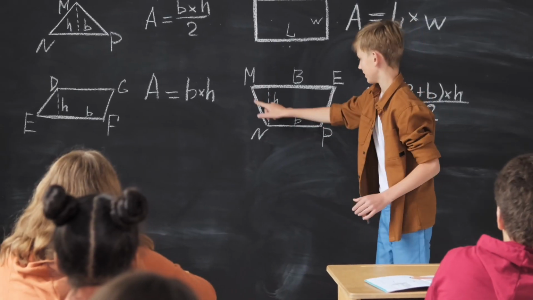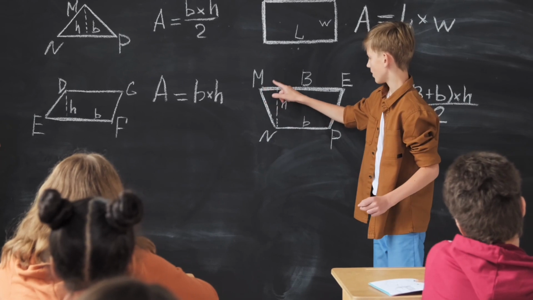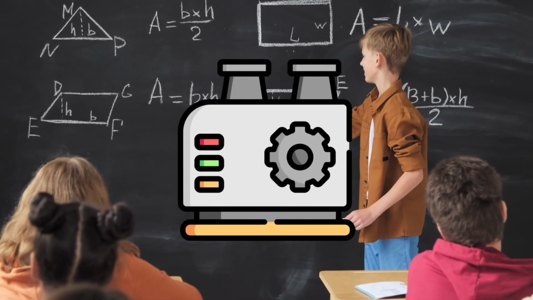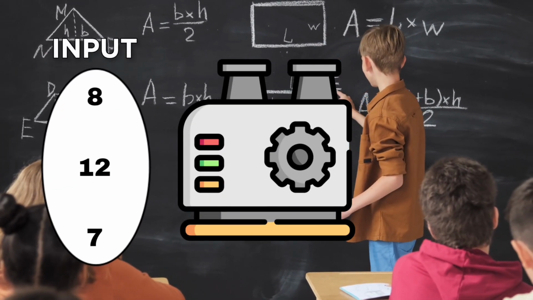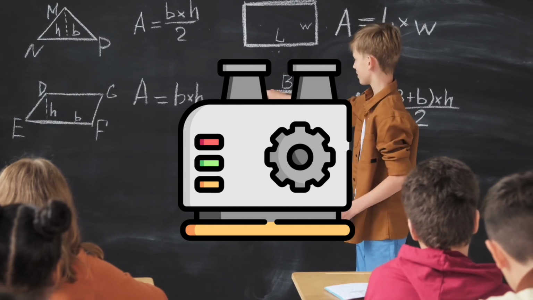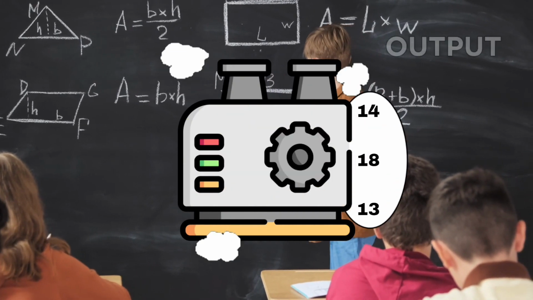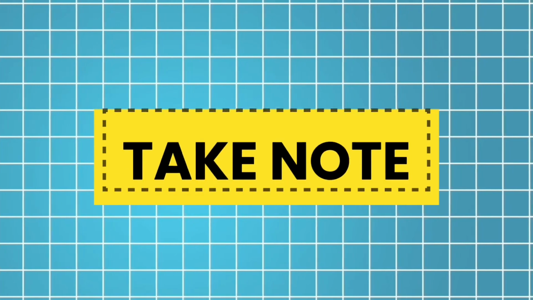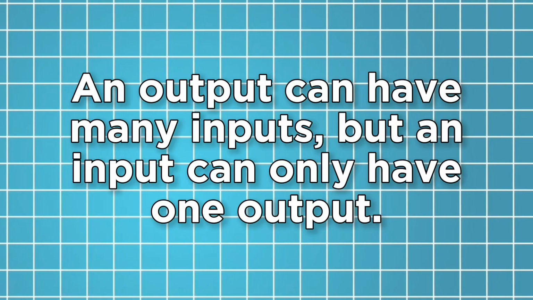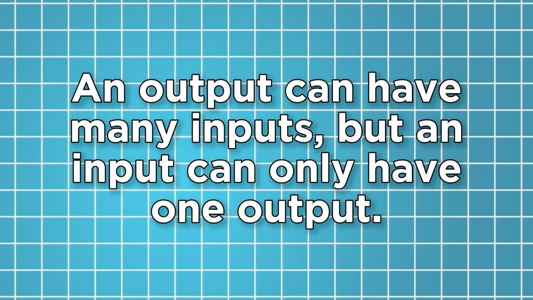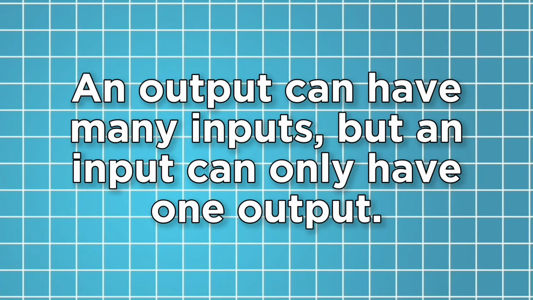A way to interpret this is that it can often be described as a machine. It takes an input, processes it according to its defined rule, and produces an output. Take note, an output can have many inputs, but an input can have only one output.